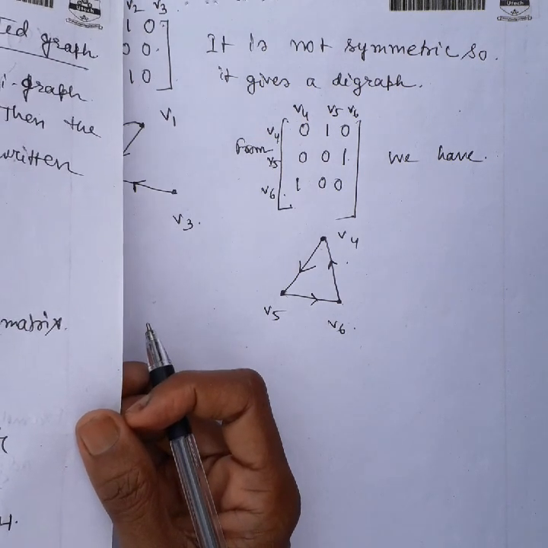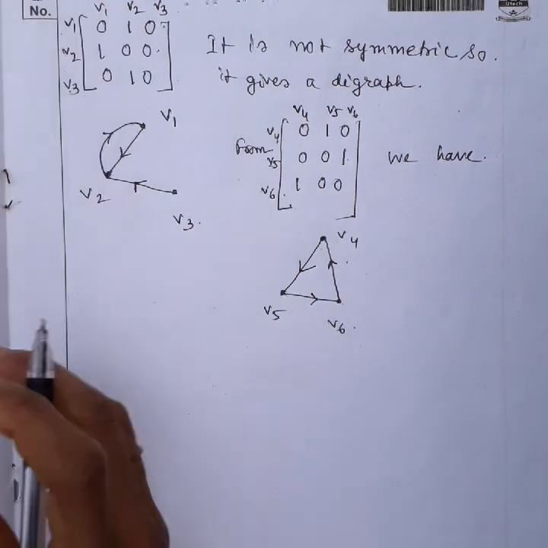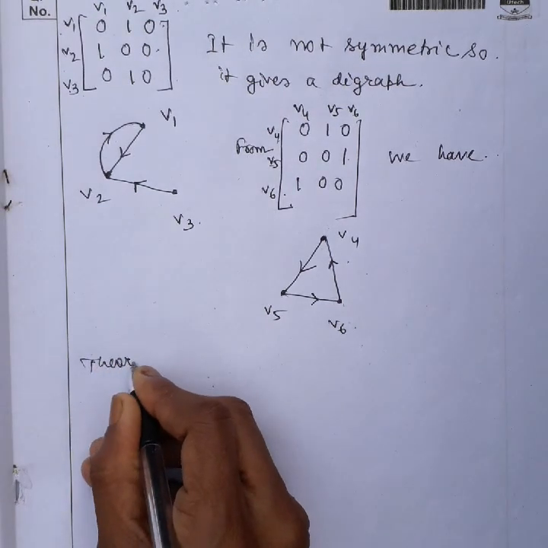So two graphs G1 and G2, we write the theorem here.